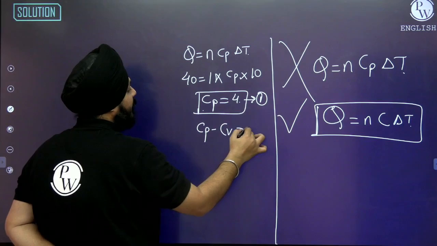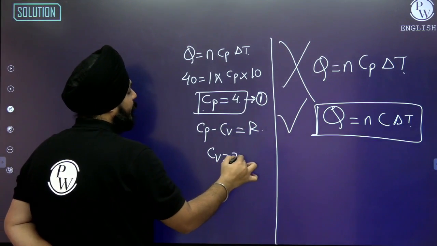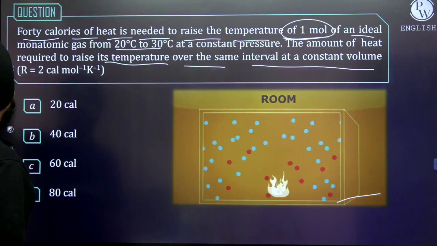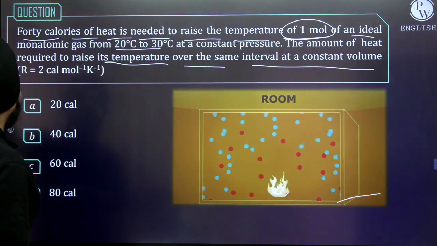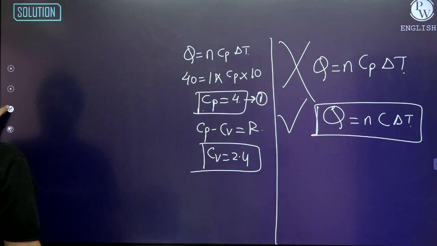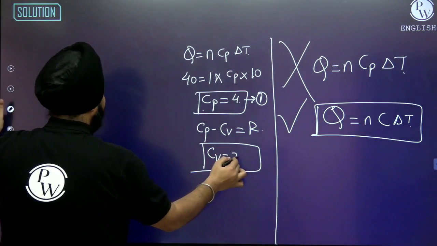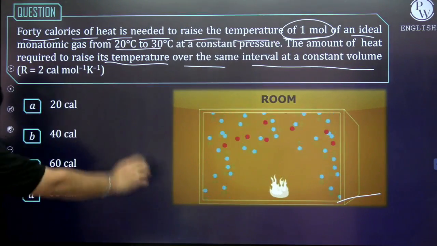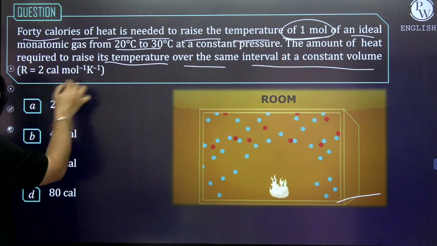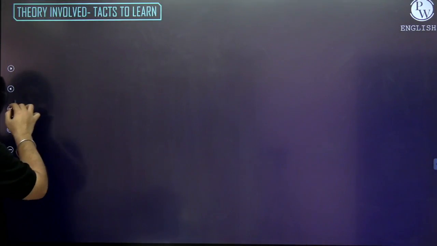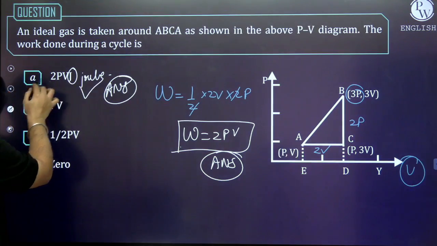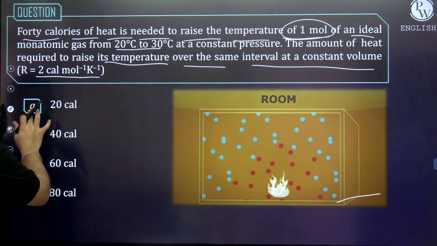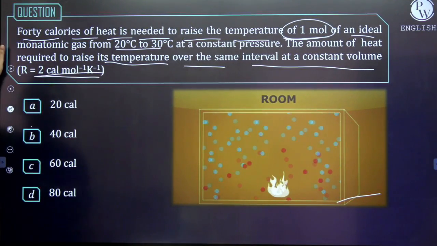Cp minus Cv is equivalent to R. From this we get the value of Cv as 2. The value of R is given as 2 calorie per mole, so we get Cv as approximately 2.